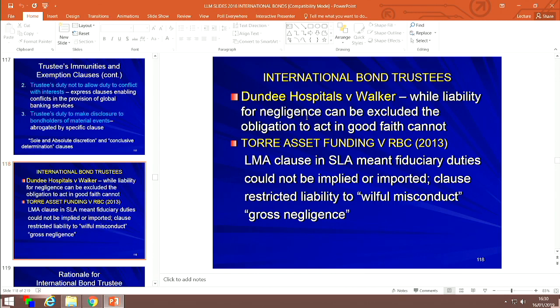And two, some law firms use this phrase: the trustee must not act with gross negligence and shall not engage in willful misconduct. That imposes a duty, and most law firms will give an opinion saying that's enough. That's a duty on the trustee, and that satisfies the requirement that a trustee must have some duties. So that's where the technical legal stuff lies in relation to trustees in international bond issues.